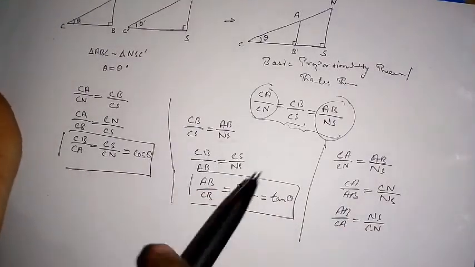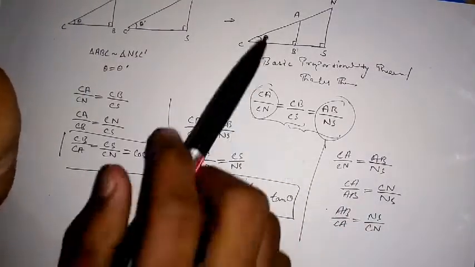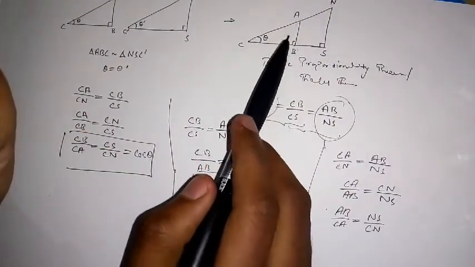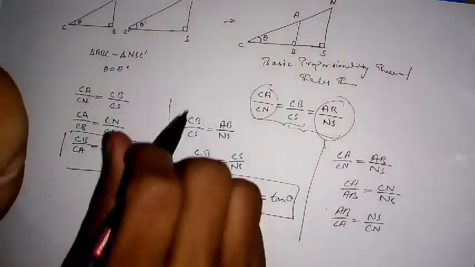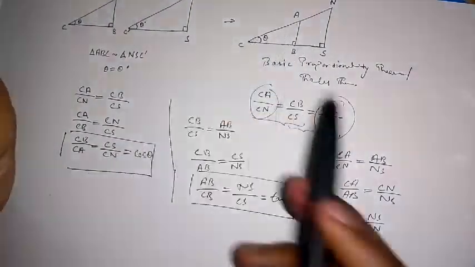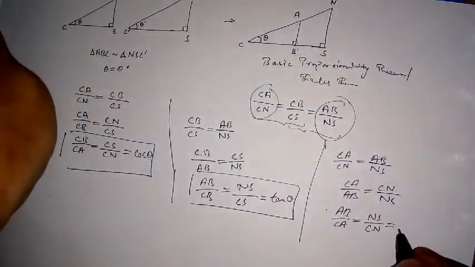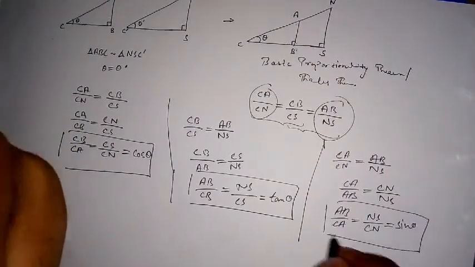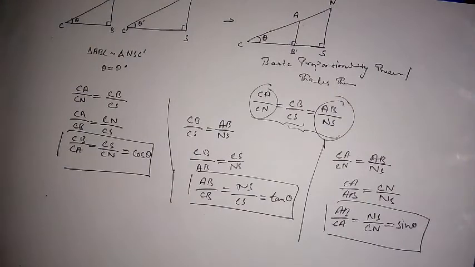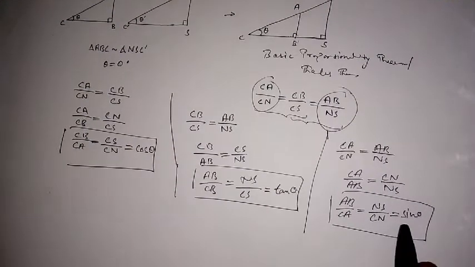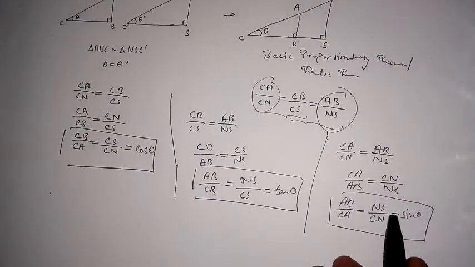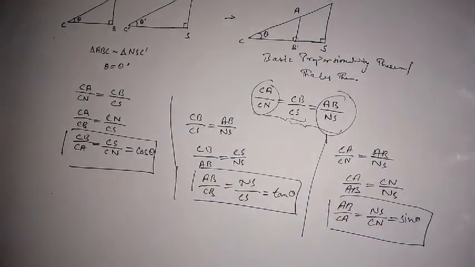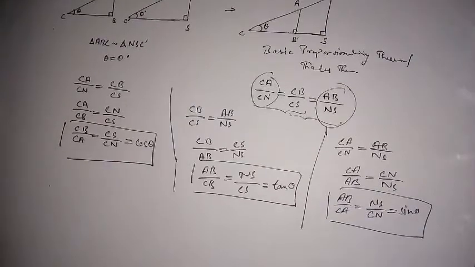Now you can notice that AB over CA is the sine ratio, opposite over hypotenuse, and also NS over CN is opposite over hypotenuse, that's sine theta. So our statement is proven. And if you do the reciprocal, you'll have cosecant theta, secant theta, and cotangent theta, and the same holds for those trigonometric ratios.